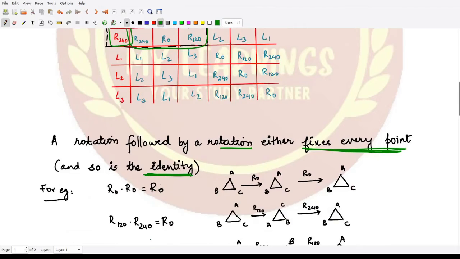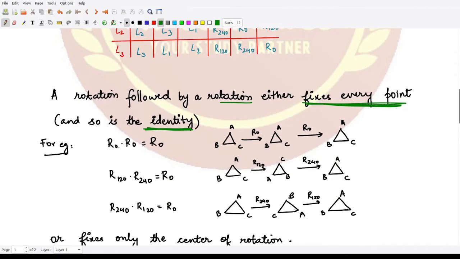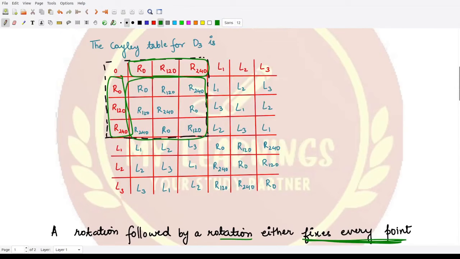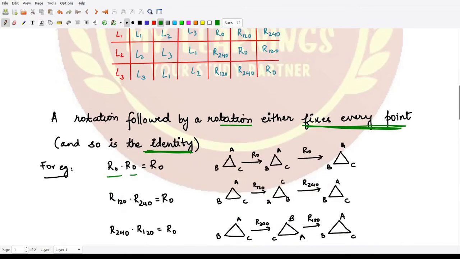This is obtained in these three cases. When we have R0 with R0, the result is R0. Or when we have R120 with R240, the result is R0. Or when we have R240 with R120, the result is R0. Here you can also look geometrically: when we take the equilateral triangle ABC and rotate it by 0 degrees, we are not doing anything to it.